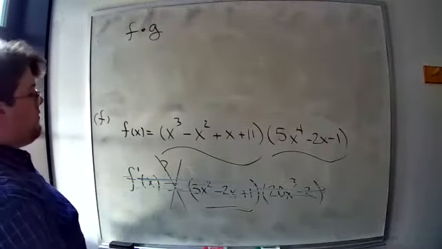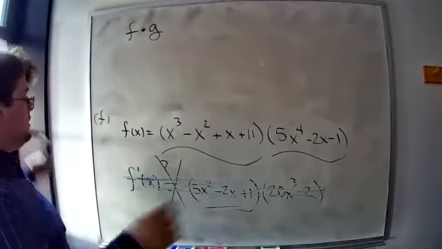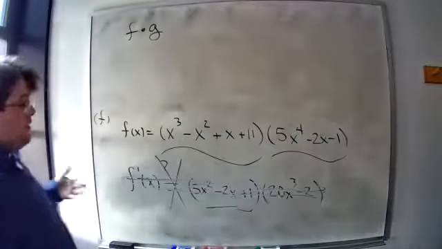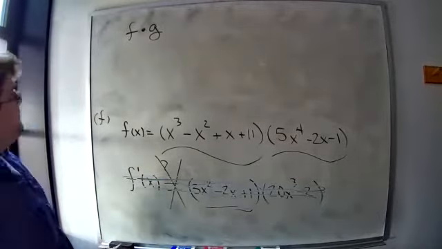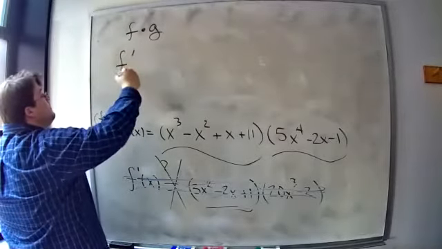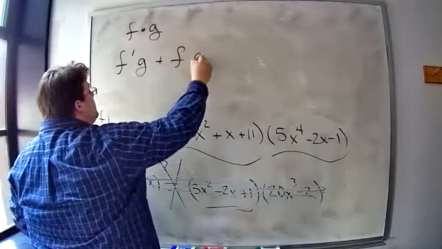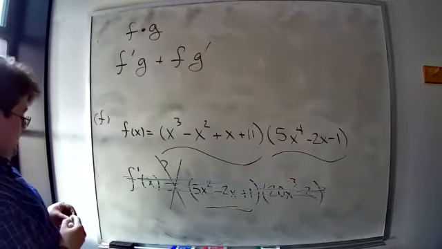To do derivatives, we have derivative rules. And the rule for a product does not say that you can do it one piece at a time like we did for sums and differences. The rule for derivative of a product says the derivative of a product is the derivative of the first times the second plus the first times the derivative of the second.